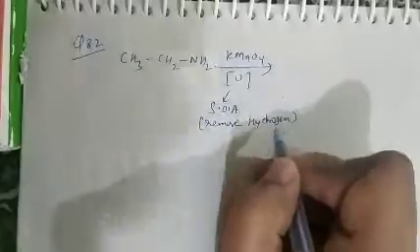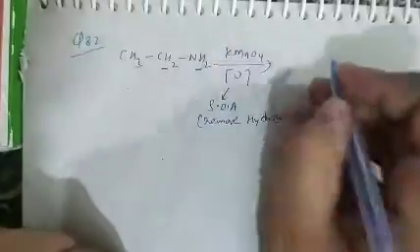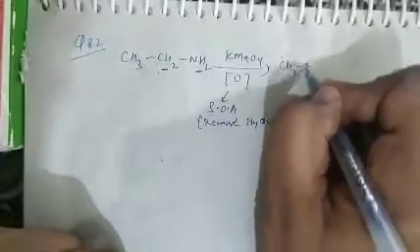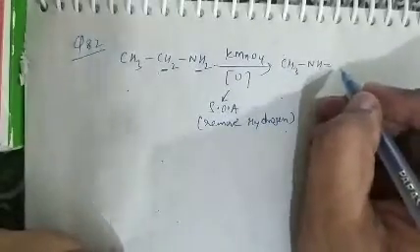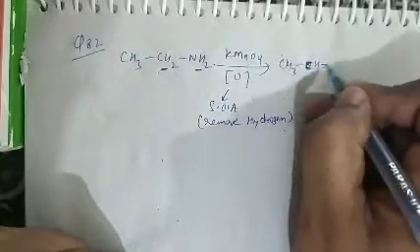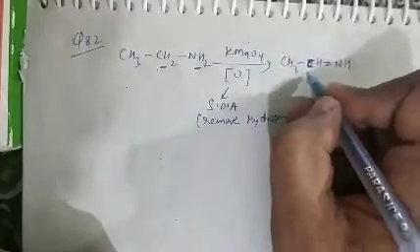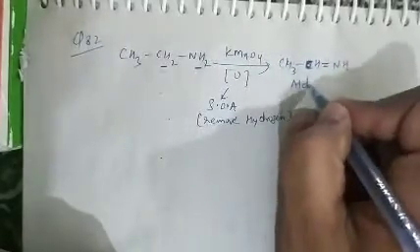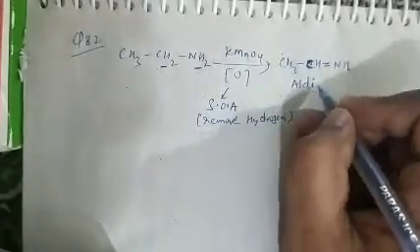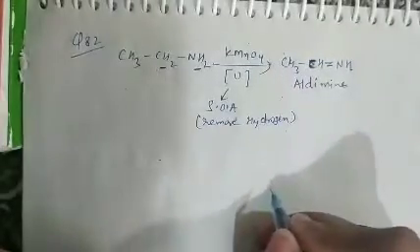Removal of hydrogen is oxidation, so H is removed from this carbon and from this nitrogen, so there is formation of a double bond, that is CH3CH=NH. This has an aldehyde and an imine group, so this compound is called aldimine.